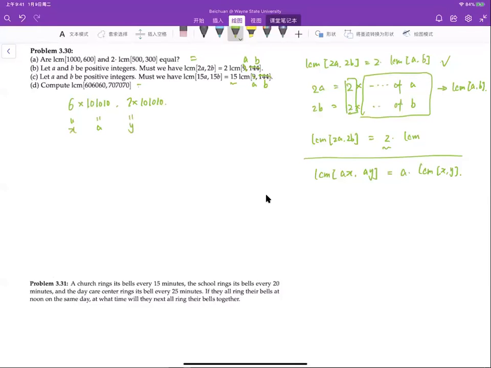So that's why this is equal to 1, 0, 1, 0, 1, 0 times the LCM of 6 and 7. So that's still 1, 0, 1, 0, 1, 0, right? Because 6 and 7 do not have any common factor, or say the only common factor of 6 and 7 is 1.